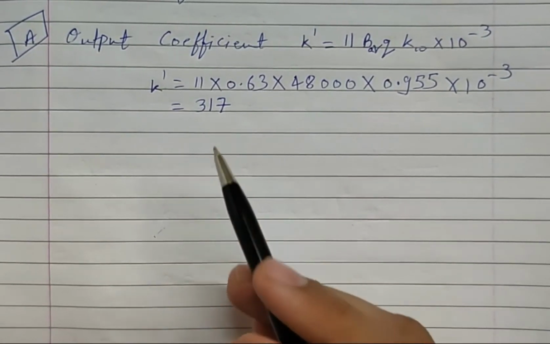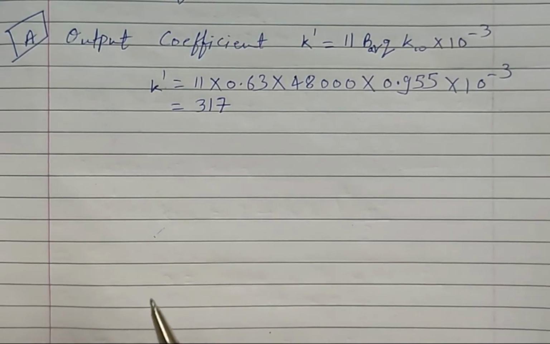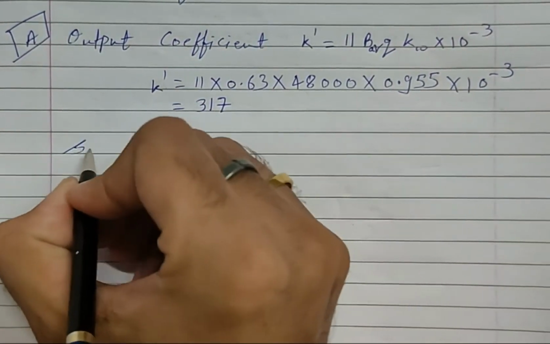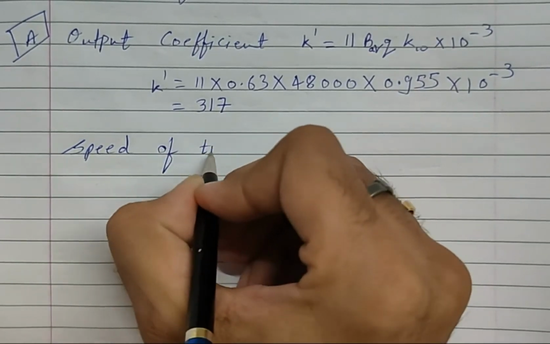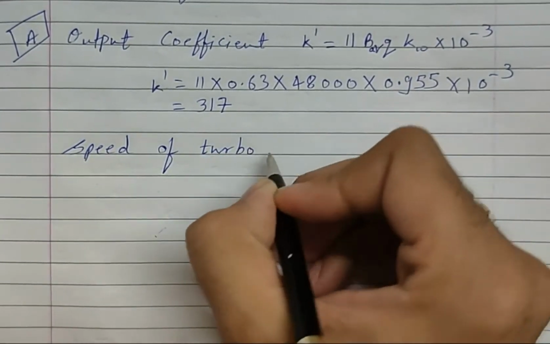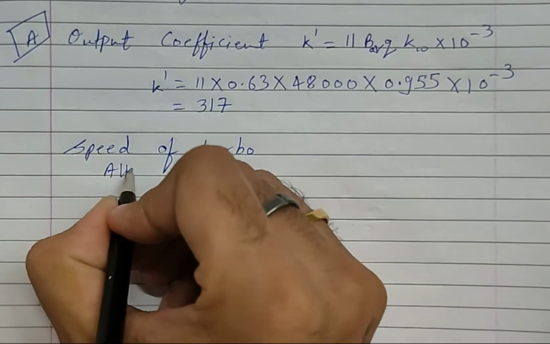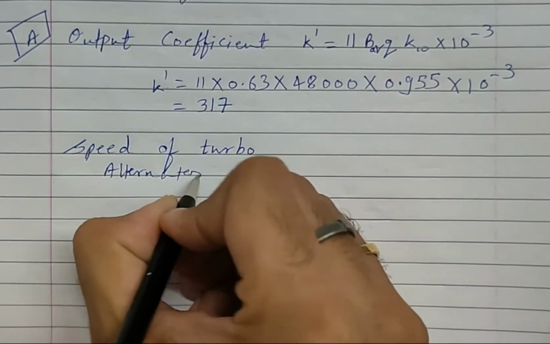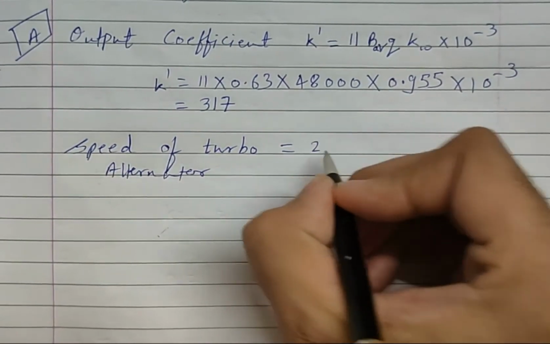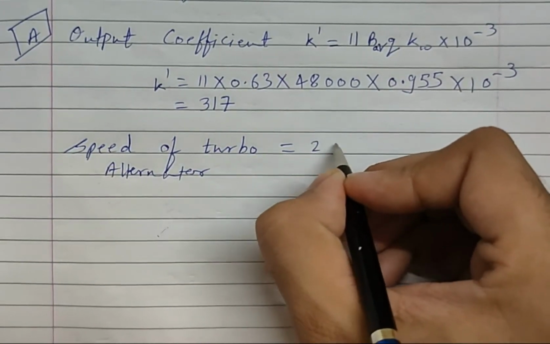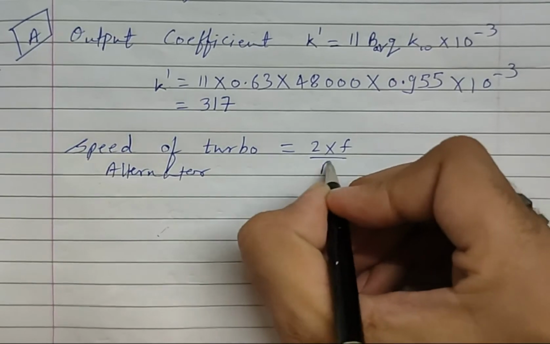Now let us talk about the speed of the turbo alternator. The speed of the turbo alternator is equal to 2f by p.